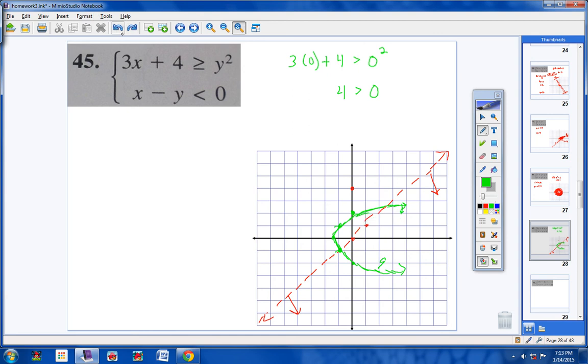So here we go. Let's go ahead and test another point for the red line. Let's test 0, negative 4. So for the x, I'm going to put a 0. And for y, I'm going to put negative 4.